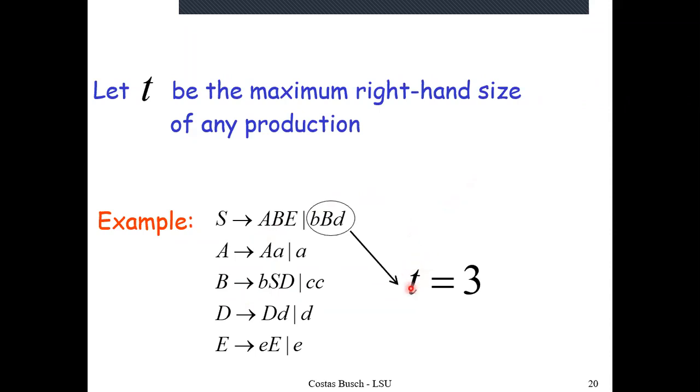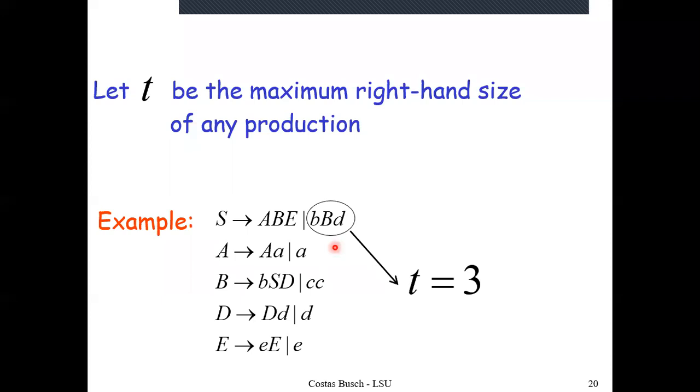So if I say that t is the longest production in my grammar, now I'm going to give you a result, which is the link between the height of the tree and the length of the yield of that tree, or in other words, the length of the string produced by that tree.